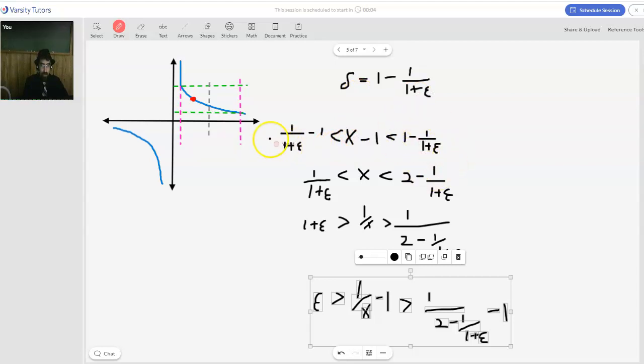So here's our delta, here's our negative delta. Remember, to take negative delta, you just switch the order of the subtraction. When we add 1 to both sides, this cancels out. This 1 becomes a 2. Take the reciprocal. Again, we flip the directions because everything here was positive. But 1 plus epsilon is greater than 1 over x, which is greater than 1 over 2 minus 1 over 1 plus epsilon.